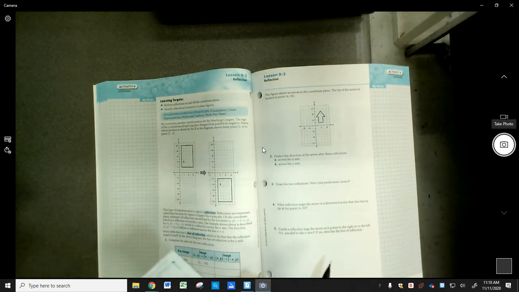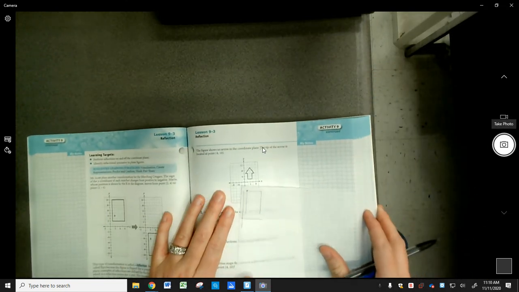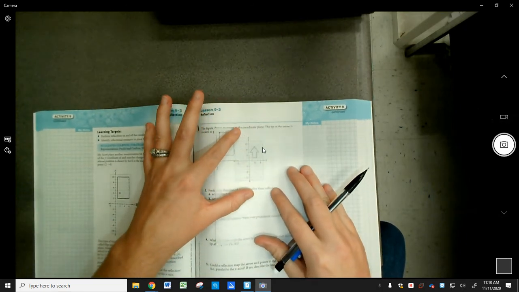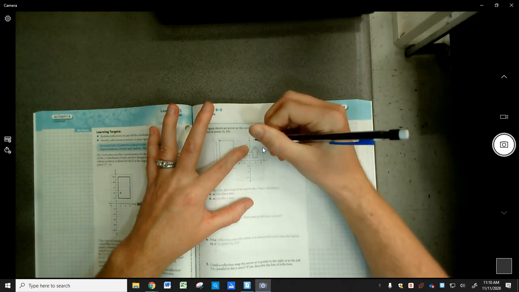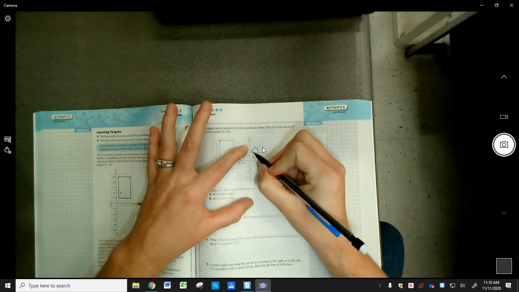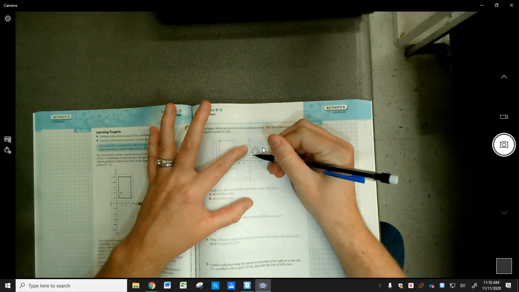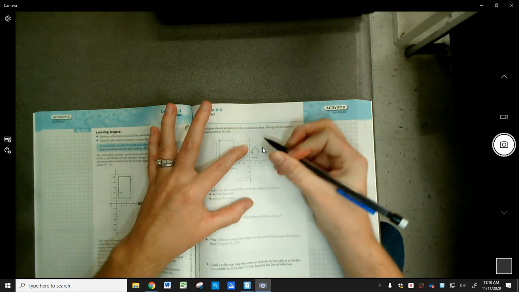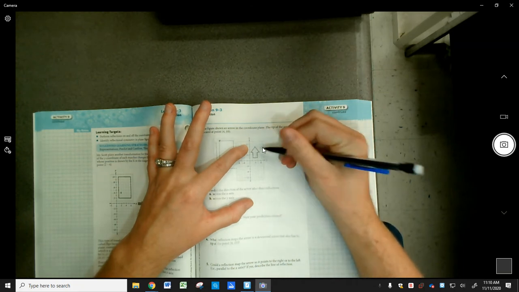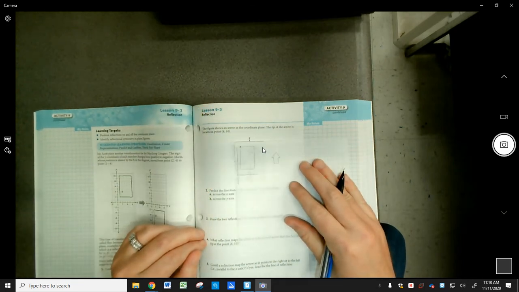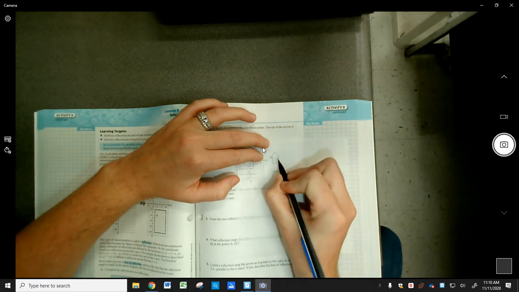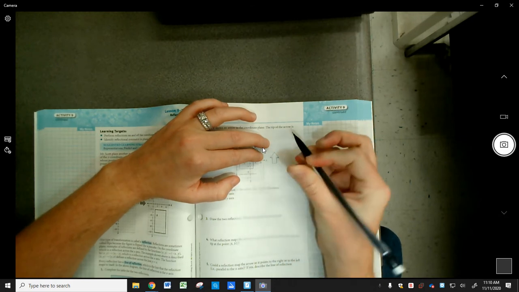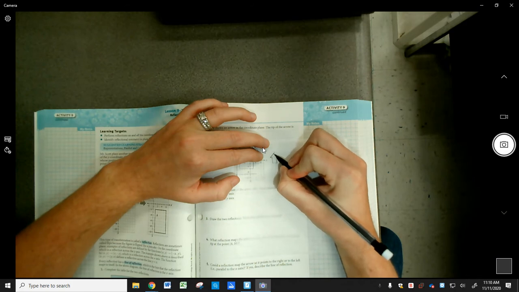So you're going to take your patty paper and trace your arrow, just like we did our rectangle. If you take your pencil and trace over it a few times, not hard, you're not trying to make an indentation, you're trying to put some lead on your patty paper.